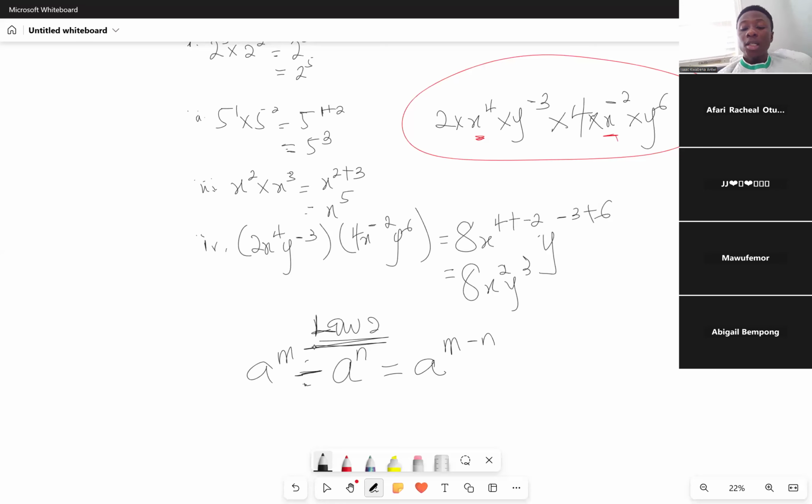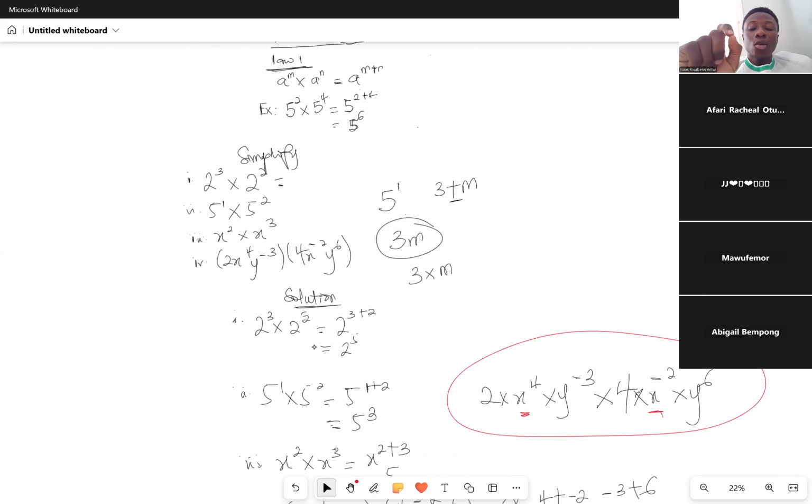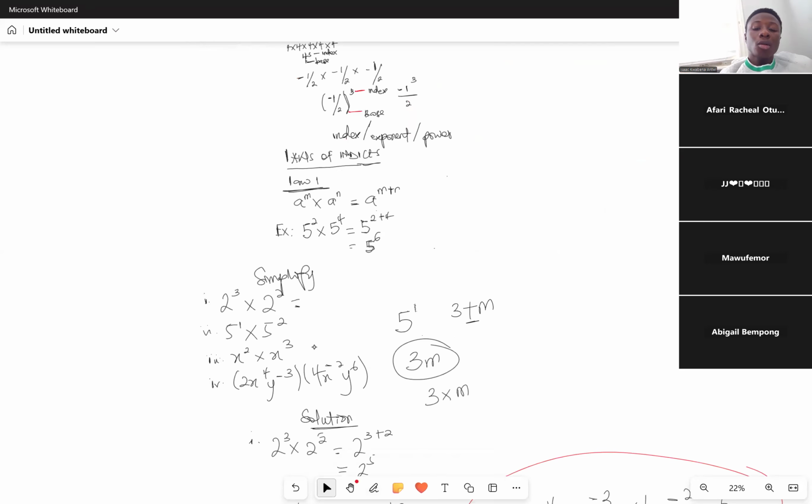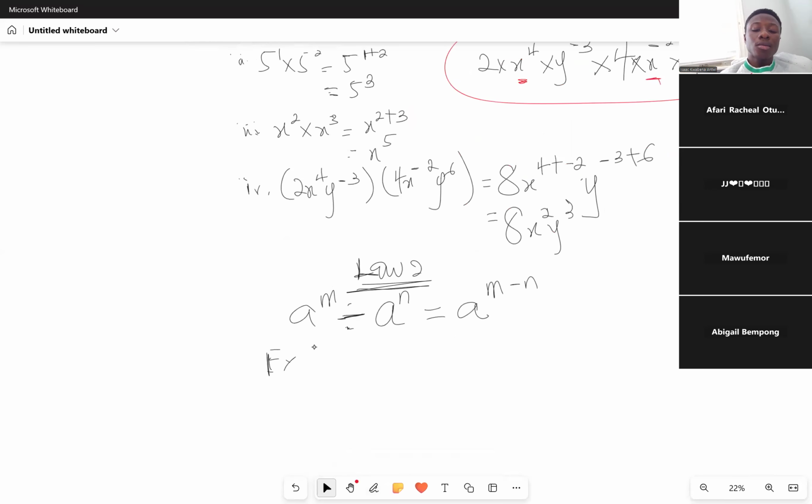And we will illustrate this with an example. By the way, the first law is called product law, not addition law, because we're multiplying.